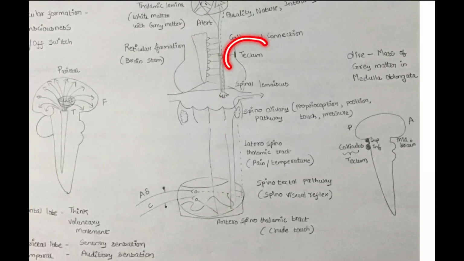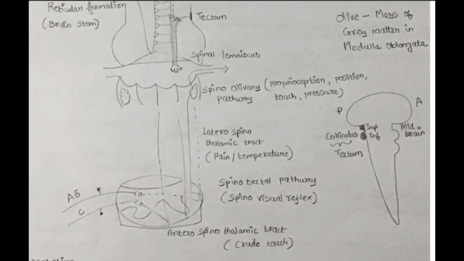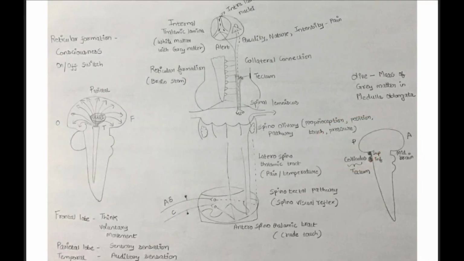So where is this tectum located? It is in the midbrain. In the midbrain, there are two swellings you can see, the superior swelling and inferior swelling, known as the superior colliculus and inferior colliculus. This whole structure is known as the tectum. This spinotectal pathway also goes through the spinal lemniscus and then goes to the tectum.